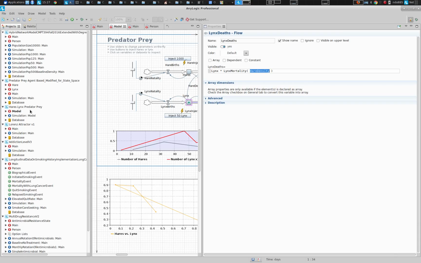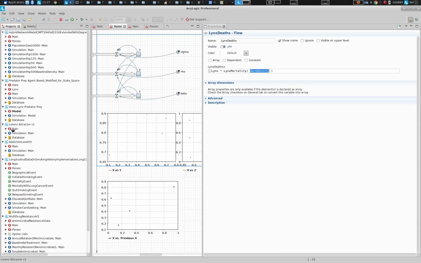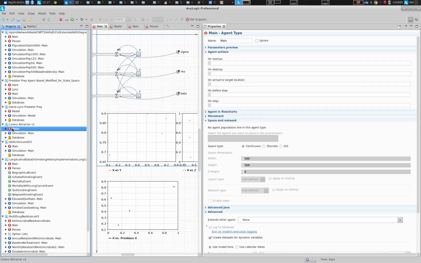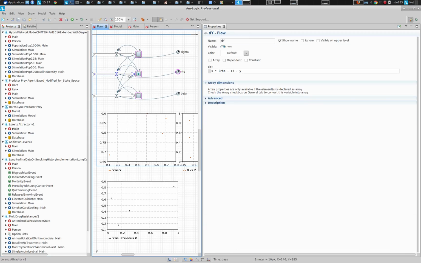Let's go look at that for the Lorenz Attractor. So we're going to go to the Lorenz Attractor, and we see that the evolution of y depends on x and z as well. How quickly y is changing depends not only on itself, its own value, but on x and z.